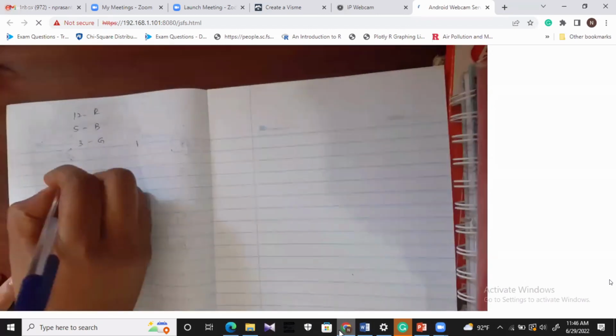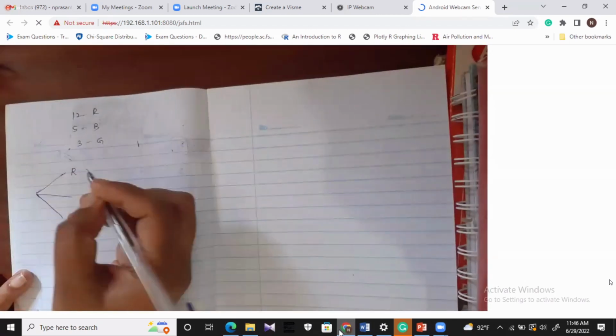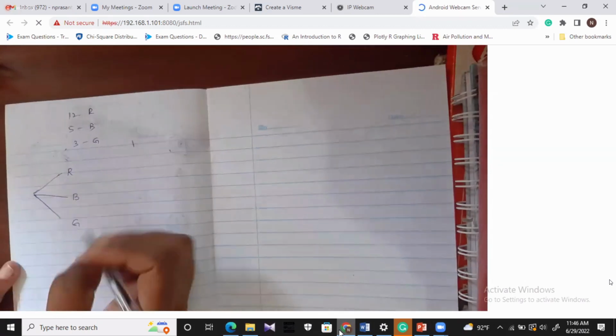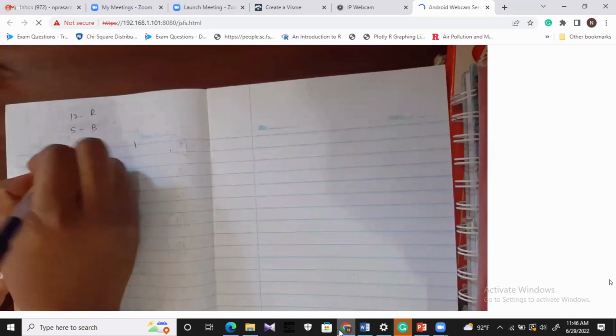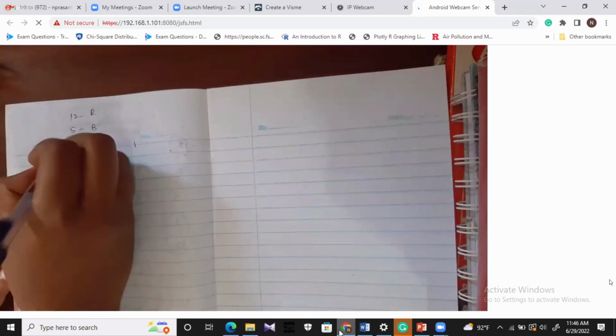One ball twice means we are taking two balls, but separately. Let's say we are taking one ball first. What are the possible outcomes if we take only one ball? That ball may be either red, blue, or green.